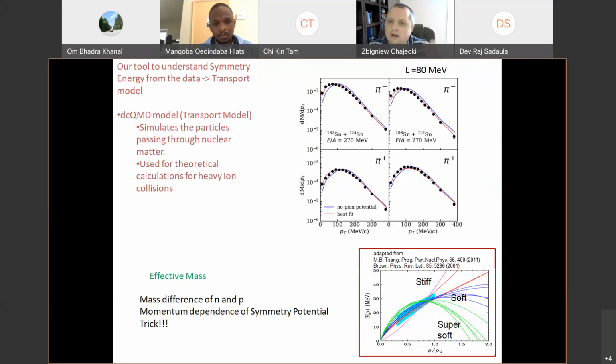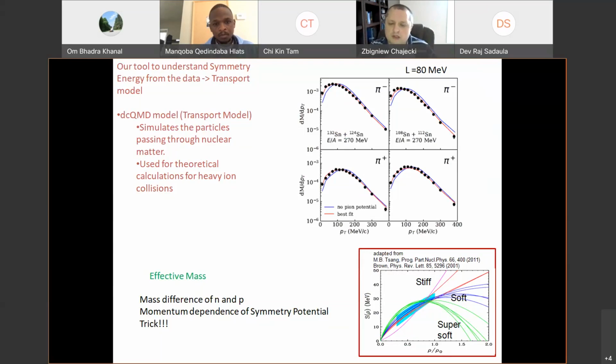So the idea of making the ratio is that imagine there is some underlying physics in your spectra, and there is a lot of other things, not just symmetry energy, dynamics and other things. I just want to separate my symmetry energy from everything else.